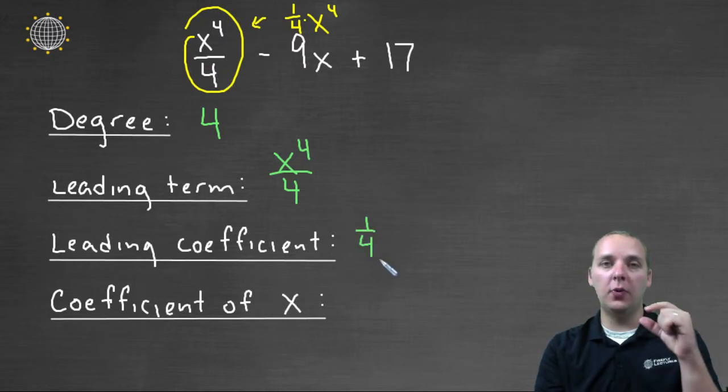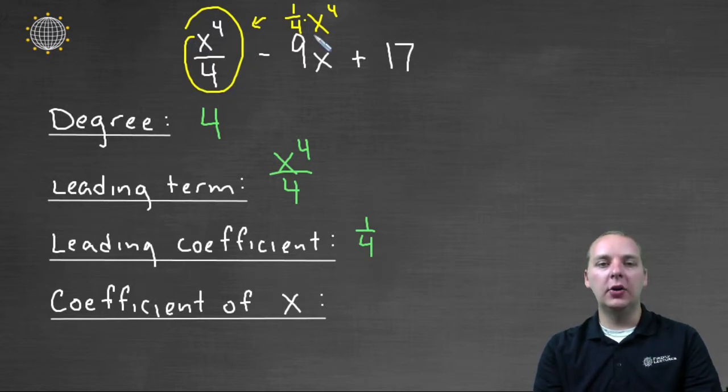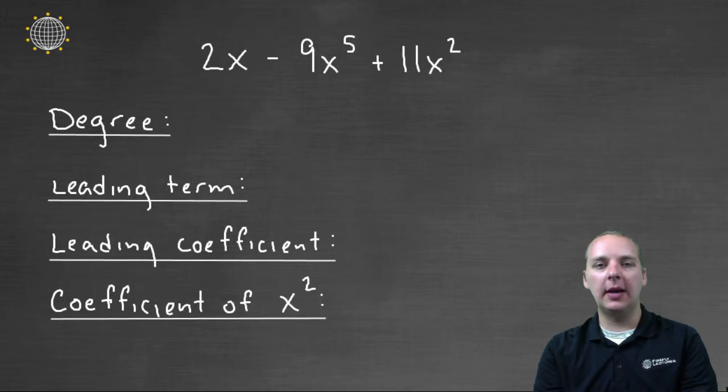So the 1/4 would be the leading coefficient if you had x to the fourth over 4. And then the coefficient of the x would actually be negative 9. Not just a 9, you would include the negative as well. So there's that one. All right, we have one more to take a look at.